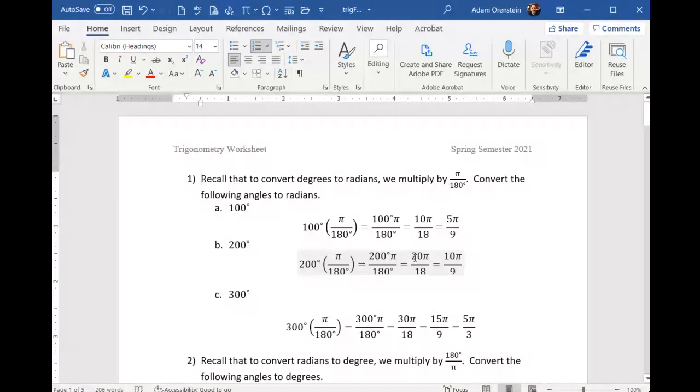And of course, that's just 20 pi over 18. Again, the degree symbols go away. Since 200 and 180 have 0 as their last digit, they each have 10 as a factor, so I canceled that common factor of 10. We get 20 pi over 18, and you could factor out 2 from top and bottom and cancel. You get 10 pi over 9.